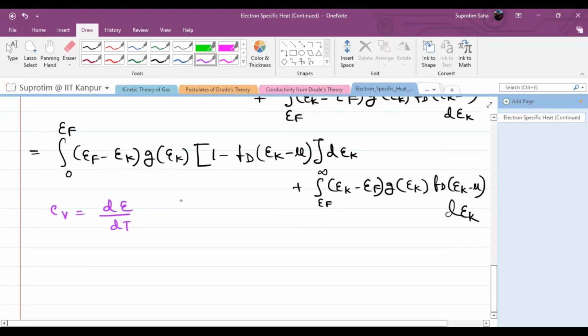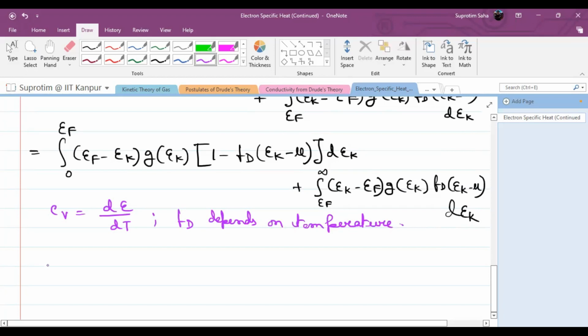Now if you see all these terms that we have calculated in the last line, none of those terms like EF, EK, G of EK depend on temperature. Obviously, FD, which is the Fermi-Dirac distribution, does depend on temperature. Understood? Good.